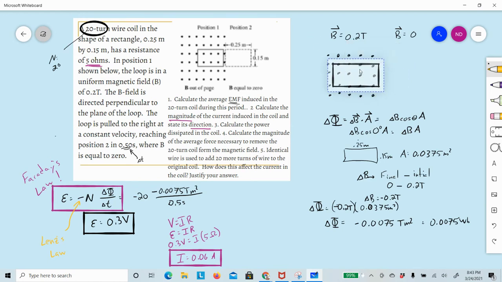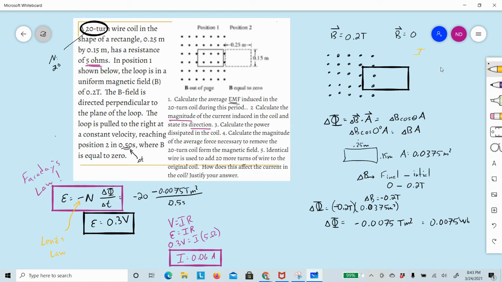So if there were 6 dots in there, and we pull it to the right, and now there's only 4 dots in there, there's less magnetic flux out of the screen. It doesn't want to have less. It wants to have more. It wants to maintain its 6. It doesn't want to have 4, 2, or 0. It's going to induce a current that's going to force magnetic flux out of the page.